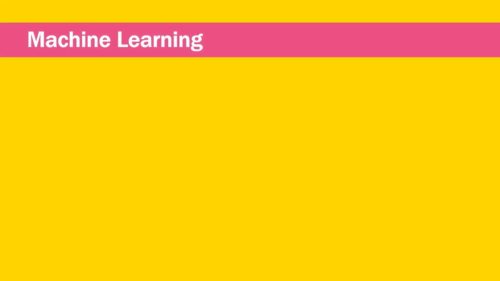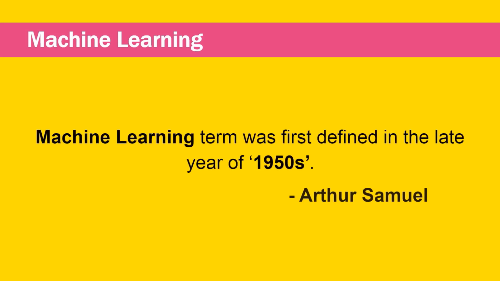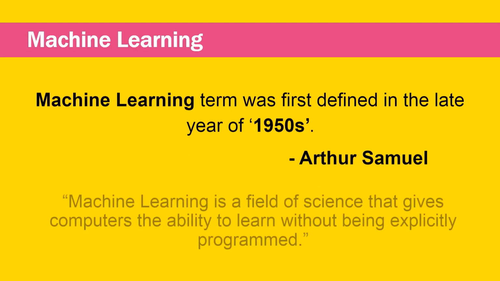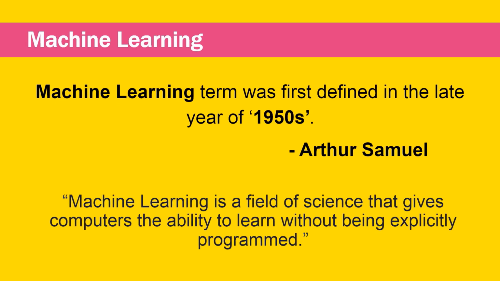The term machine learning was first defined in the late 1950s by Arthur Samuel. According to his definition, machine learning is a field of science that gives computers the ability to learn without being explicitly programmed, which means that without explicitly commanding the computer, called a machine, it can learn on its own based on the data.